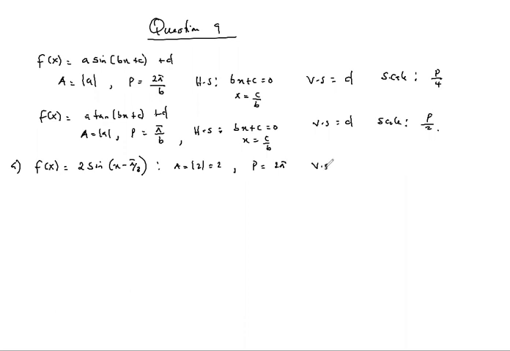The vertical shift, 0. Horizontal shift, this is just x equal to pi over 3, which is to the right. And then the scale is going to be the period over 4, which is 2 pi over 4, because this is sine. So we get pi over 2. And then we should be able to sketch.